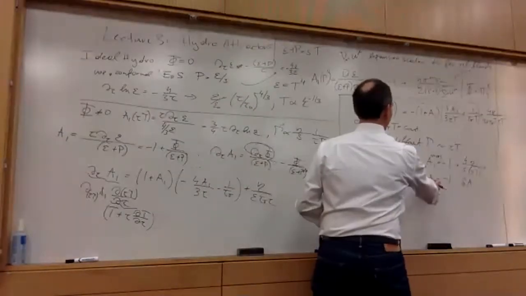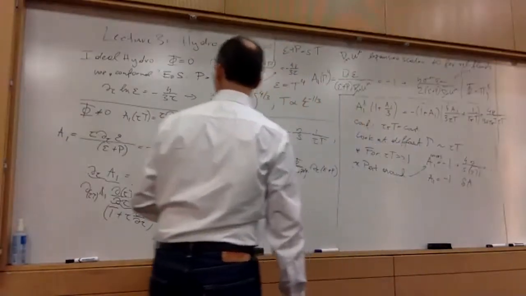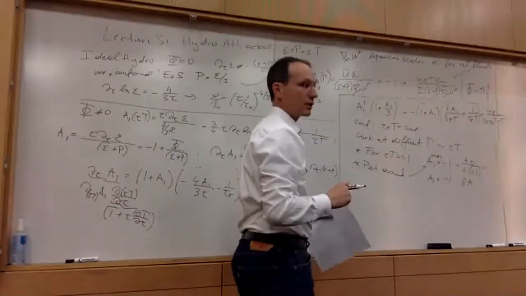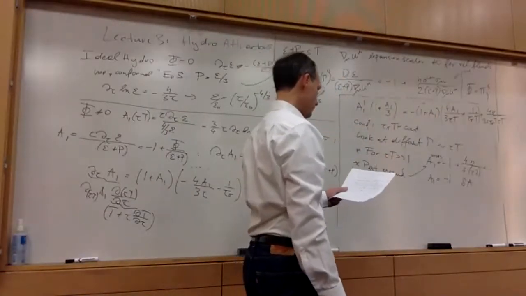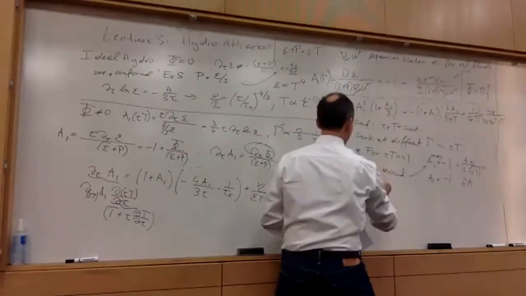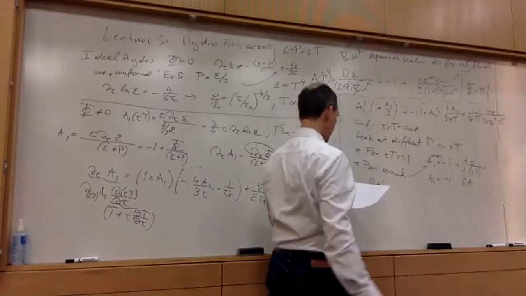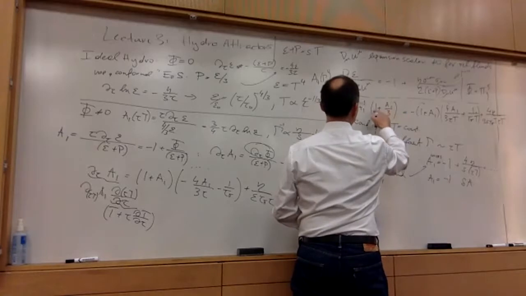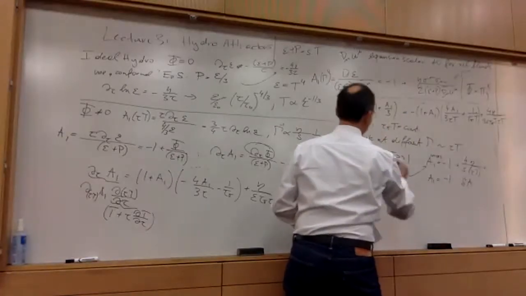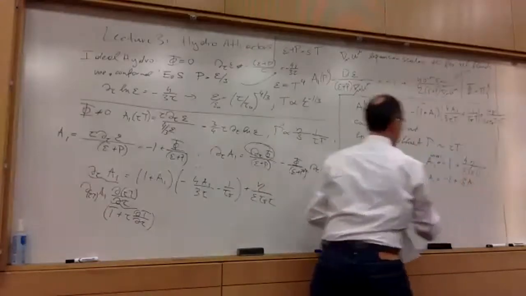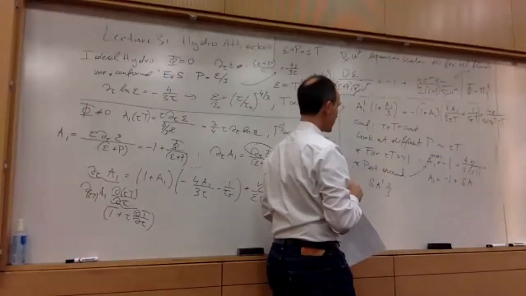I can plug this into the equations for A that are up here. This is an exact differential equation. If A1 is -1 plus delta A, here you get delta A prime. If you're expanding A1 around -1, you get 2/3 plus a correction that goes like delta A. If delta A is small, you're ignoring second order corrections.